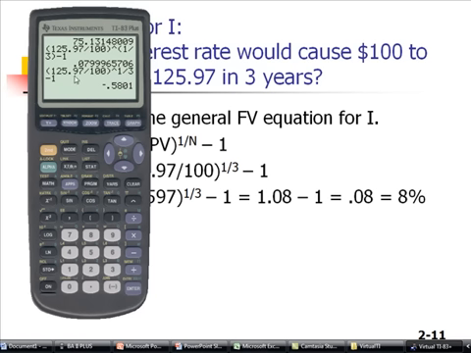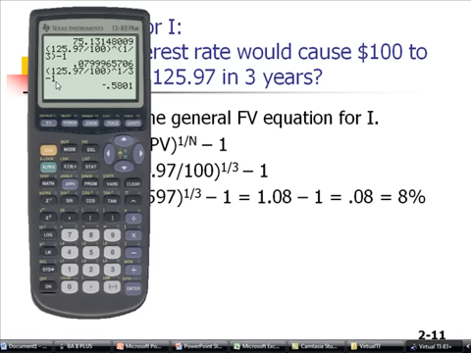So literally the calculator interpreted this as to do this part first, which is fine, and it would have gotten 1.2597, and then it takes that answer to the power of not 1/3, but to the power of 1. And then it takes that answer and divides by 3 before subtracting 1, and that's not what we're looking for at all. That's the wrong way to do it.